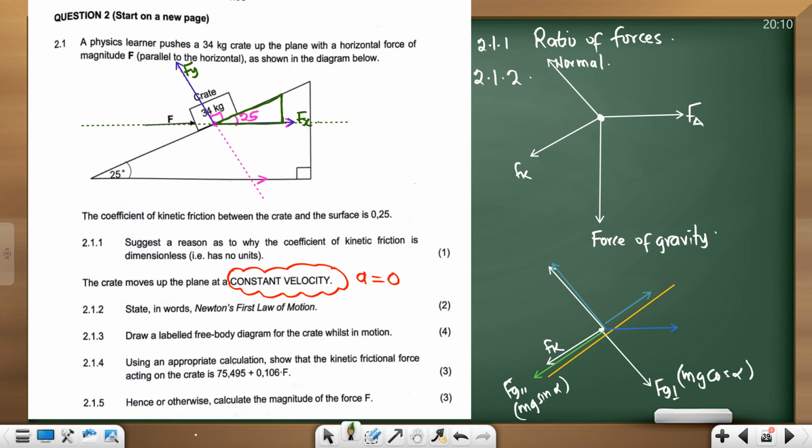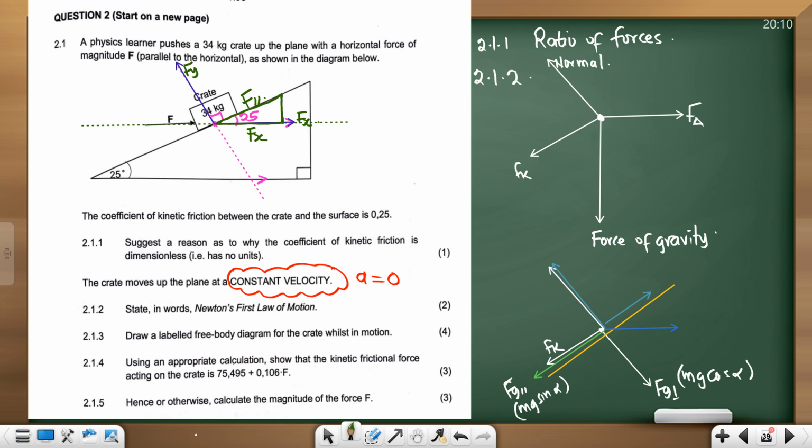Are we okay? So, I can definitely get my Fx there. What will my Fx be, using that triangle? I'm going to call this F. Okay, that is Fx. No, it must be parallel to the plane. F parallel there, right?